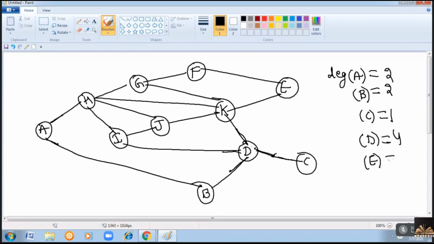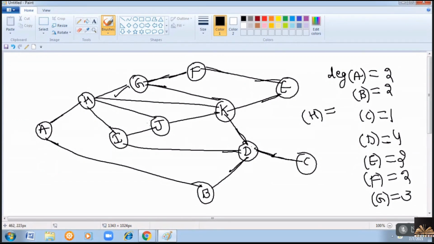E is adjacent with 1 and 2. F is adjacent with again 1 and 2. G is 1, 2, 3. H is, where is H? 1, 2, 3, 4, 5.